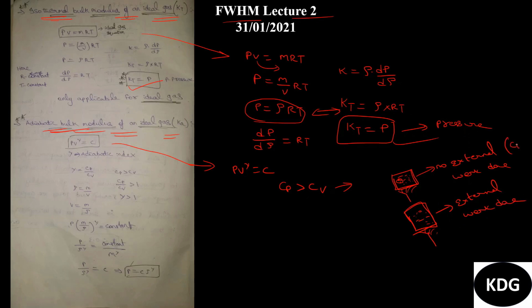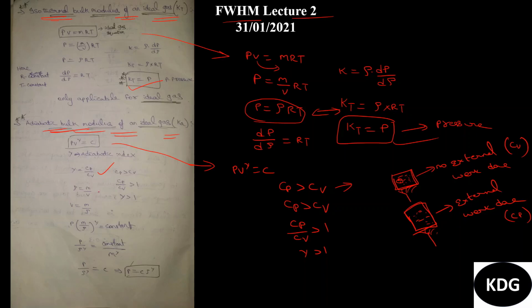This is the Cv condition, and this is the Cp condition. In both cases there is a change in internal energy, but external work is done in the constant pressure condition. So Cp is always greater than Cv. So Cp by Cv is greater than 1, that is, gamma is greater than 1. So gamma equals Cp by Cv.